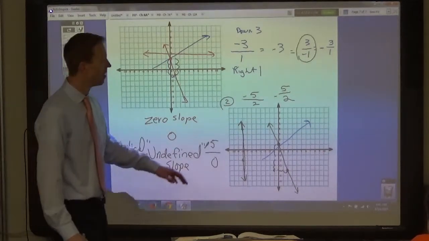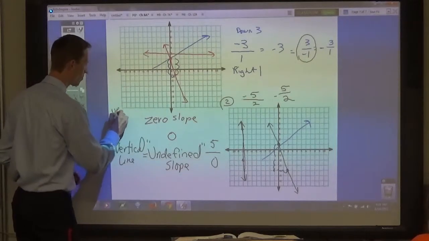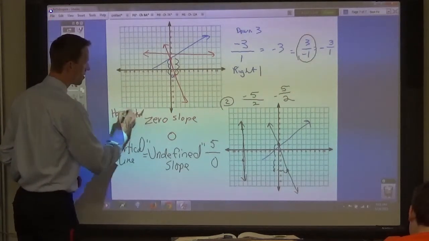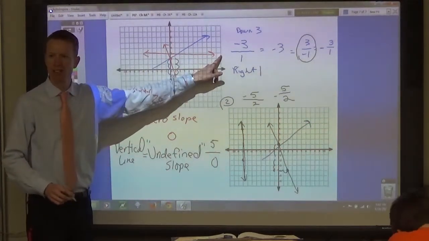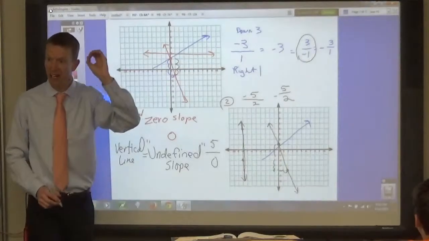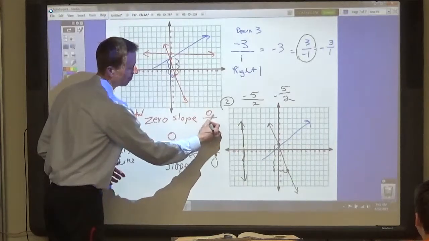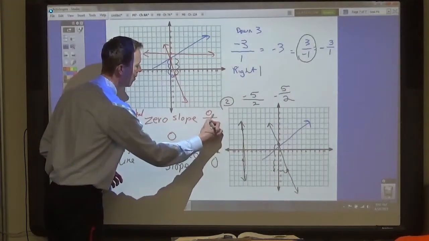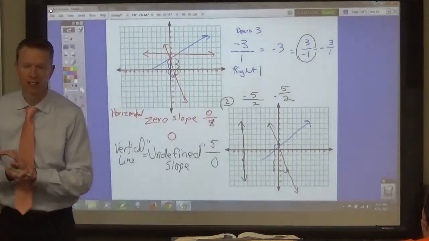Now, let's take the horizontal line. How far does it go up or down as it moves to the right? James? 0, right? So in this fraction, it would look like 0 over 5, or 0 over 8, or 0 over 10, or whatever it is.